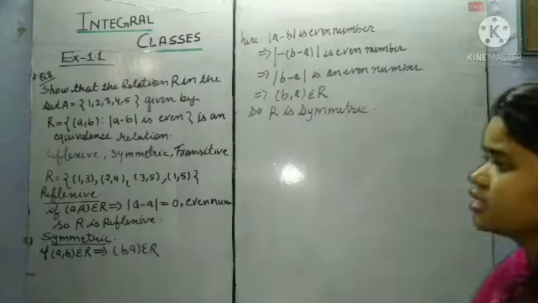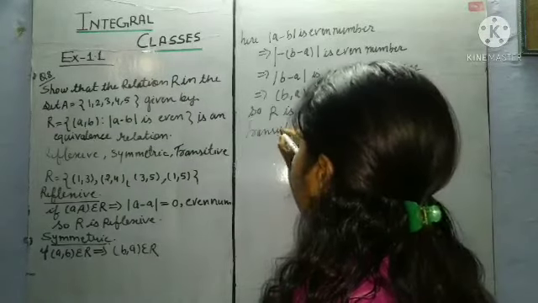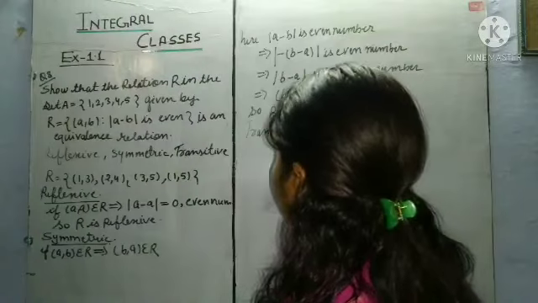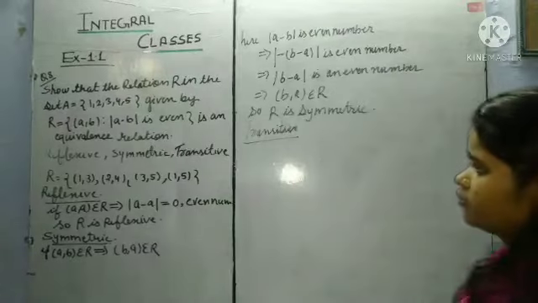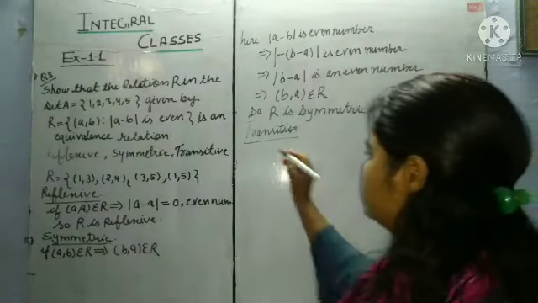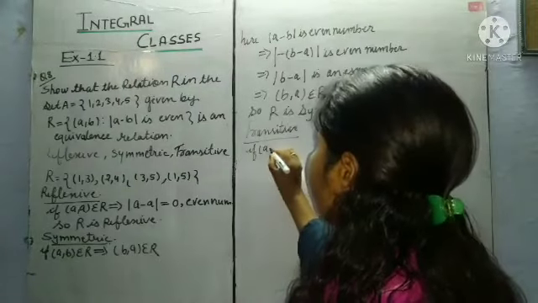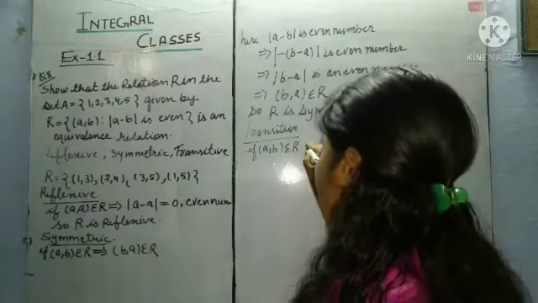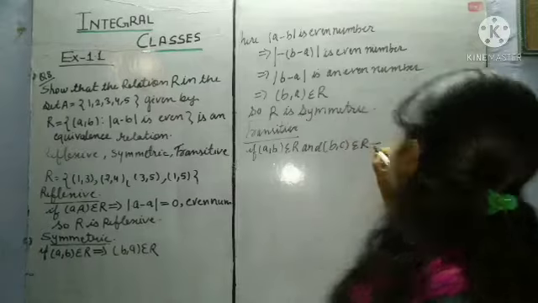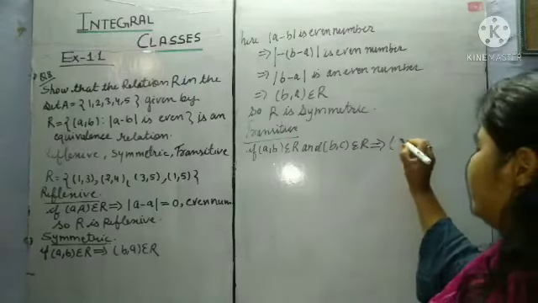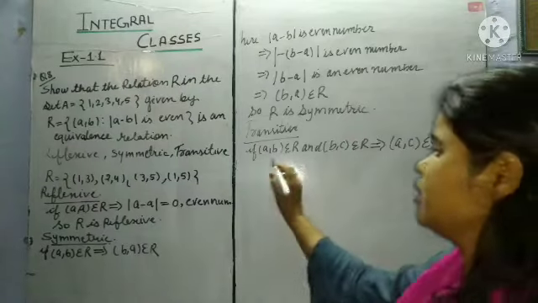Now next is transitive. For transitive we will consider three pairs. What is the definition of transitive? If (a, b) belongs to R and (b, c) belongs to R, then it implies that (a, c) should belong to R. What is the meaning of (a, b)?